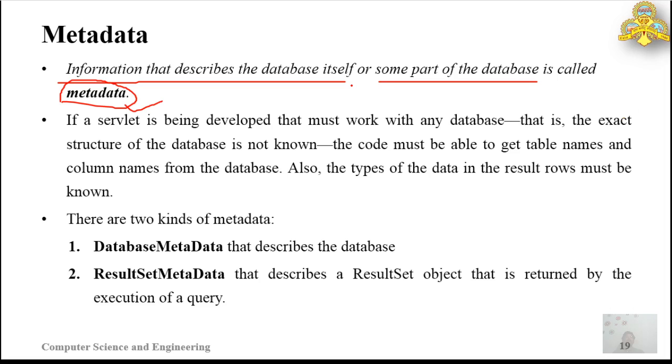Usually there are two types of information: database metadata, which describes the database, and contains the number of databases, number of tables, and additional information specific to advanced programming. Result set metadata describes the result set object: the number of rows, number of columns, the set of columns and their names, and any other additional information.